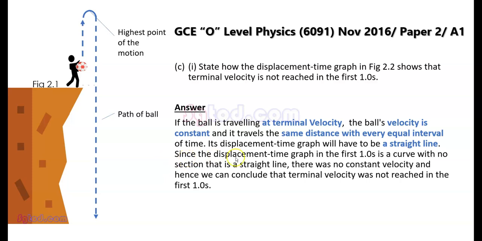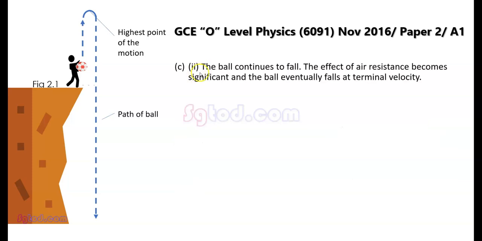Since the displacement time graph in the first 1 second is a curve with no section that is a straight line, there was no constant velocity, and hence we can conclude that terminal velocity was not reached in the first 1 second. The second part of C states that the ball continues to fall.